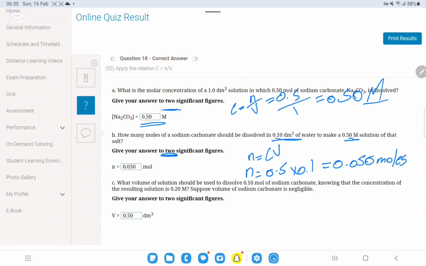What volume solution should be used to dissolve 0.10 moles of sodium carbonate, knowing that the concentration resulting is 0.2? Suppose the volume of sodium carbonate is negligible.